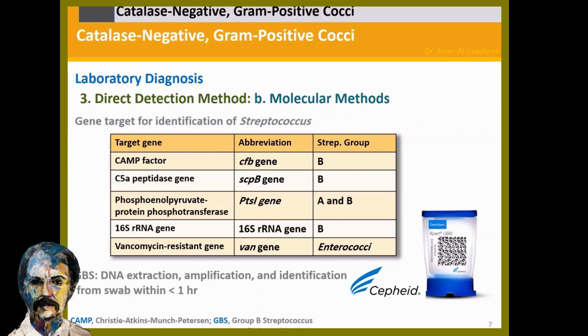All of this in 1 hour to give you good results. Of course, definitely there are drawbacks, disadvantages, but you can imagine. DNA extraction, amplification, speciation, identify B or A or D within 1 hour and directly from a clinical sample like a swab. This is something very good. Companies are trying to catch up and make life easier for you and gaining also economic benefits from this.